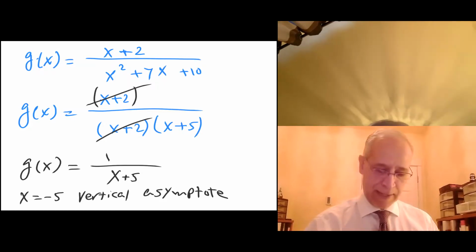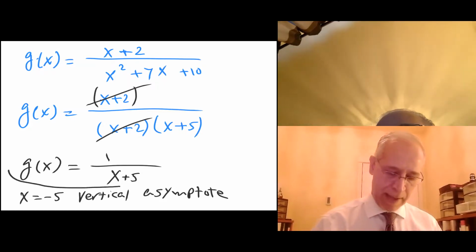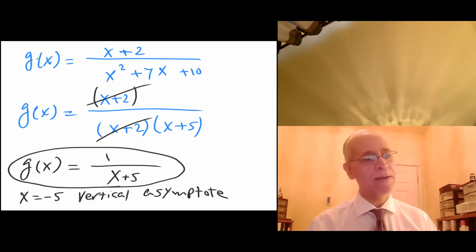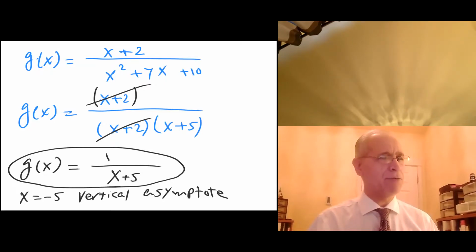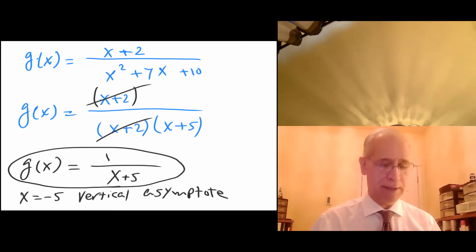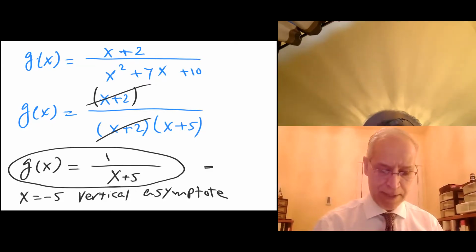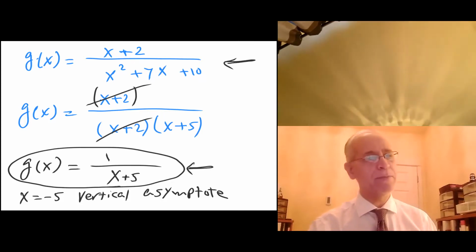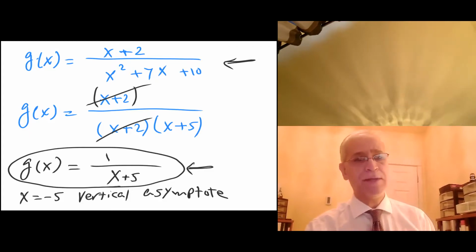It is true that if I look at here, negative 2 is not doing anything. So I don't have a vertical asymptote if I look at here. But if I look at the original problem, at x equals negative 2, g of x is not defined. So what do I do?